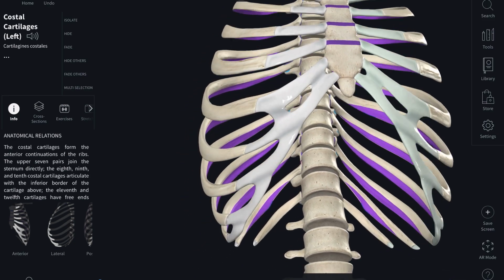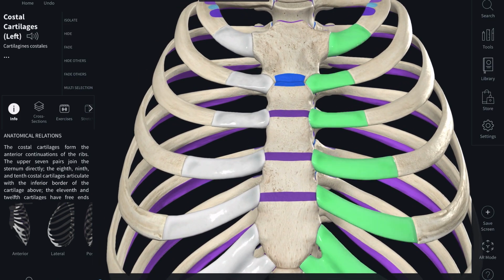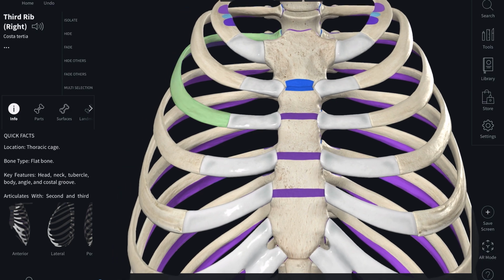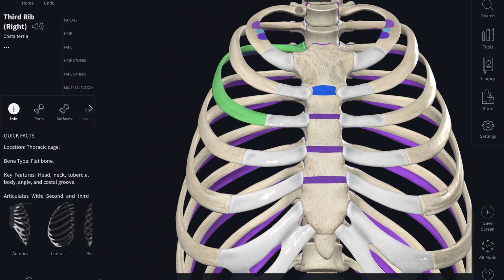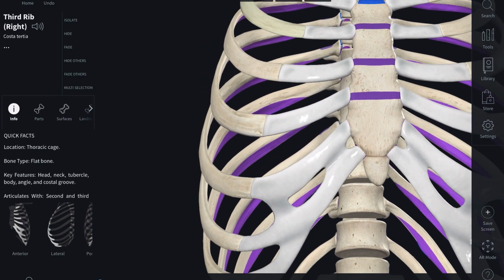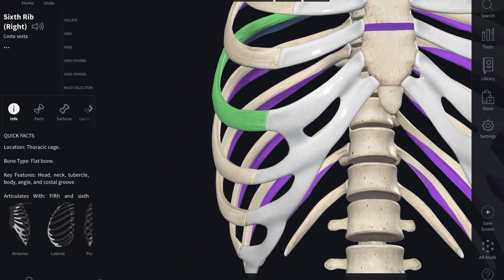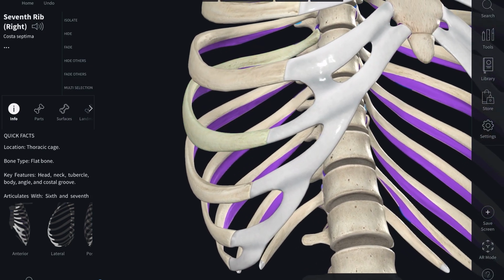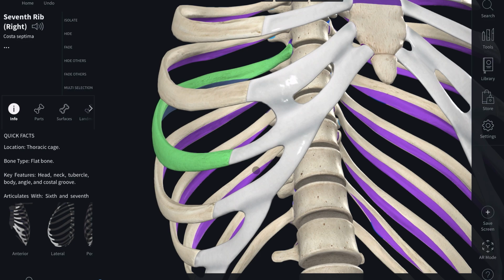And you have costal cartilage, which is what connects the rib into the sternum. The first 7 are called vertebrosternal ribs because they go straight from the vertebrae to the costal cartilage that connects into the sternum. So here's the 6th, here's the 7th, that cartilage comes straight right there.